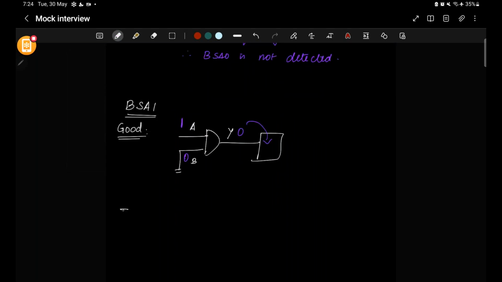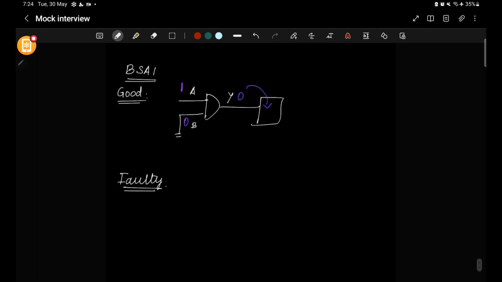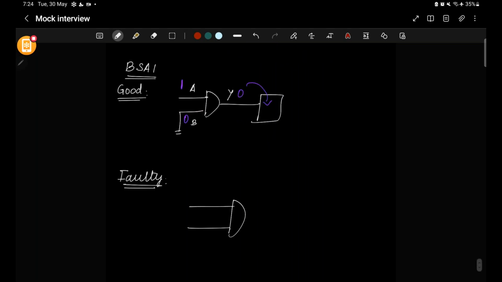For the faulty machine, what will happen? Here you have A, B, and this is Y. The tool will induce a stuck at 1 fault. This will be 1.